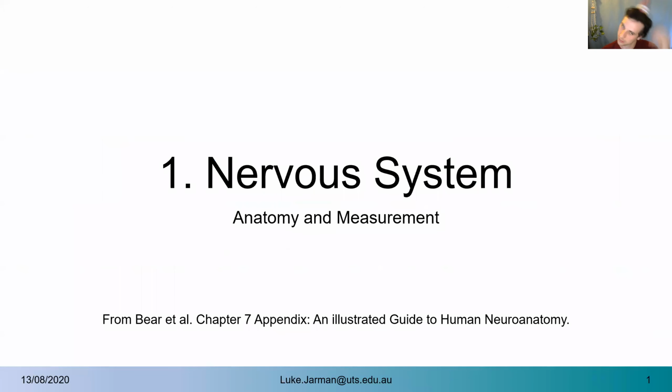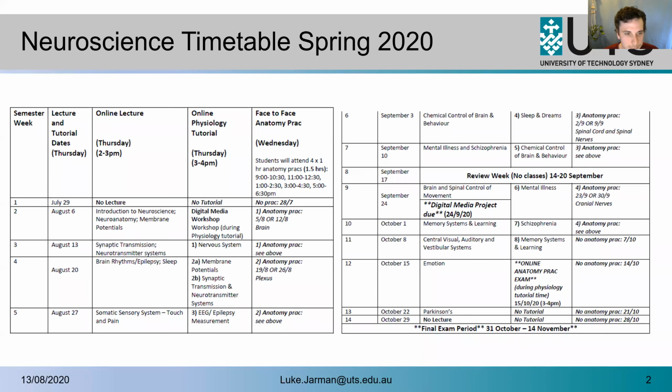So we are up to week 3. You guys should have just come from your lecture with David on synaptic transmission. As I mentioned, it's a bit of a rough start, getting straight into pretty hardcore neurochemistry. It's no joke.